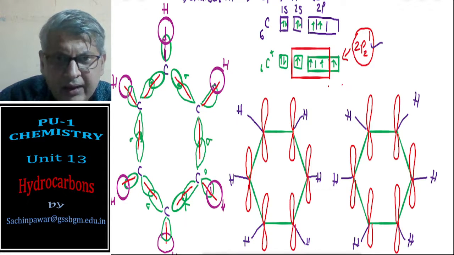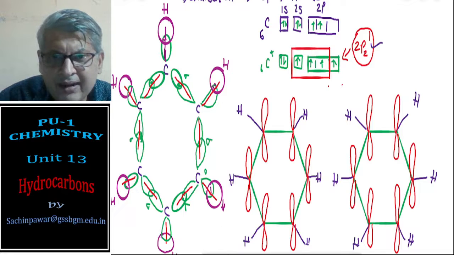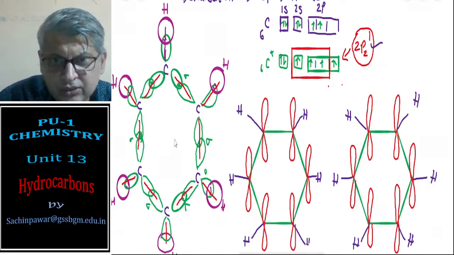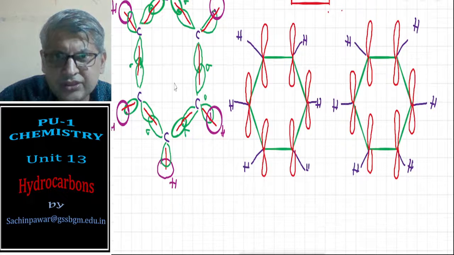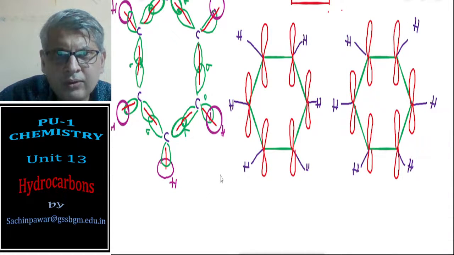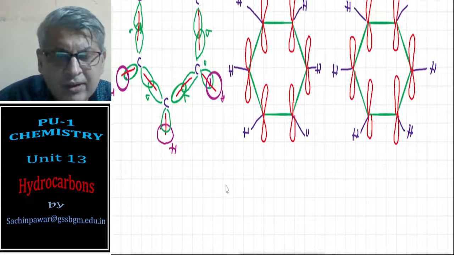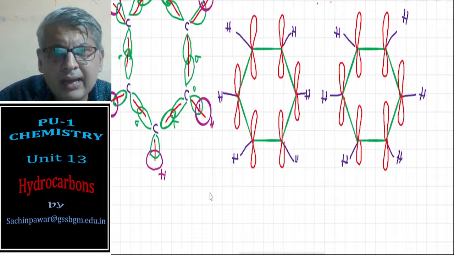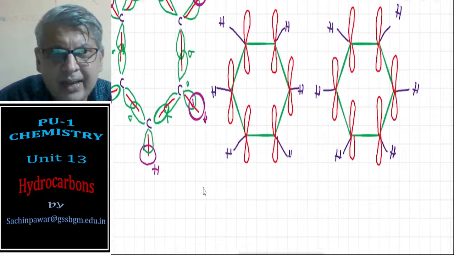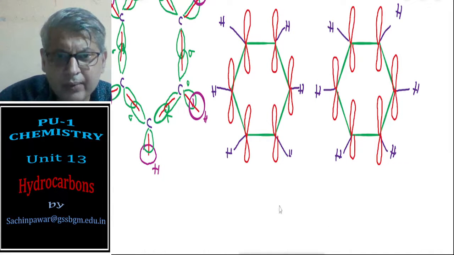Okay, now we can write the first structure of benzene, that is the Kekulé structure of benzene. Just check. The pi bond is formed by sideway overlap of atomic orbitals.